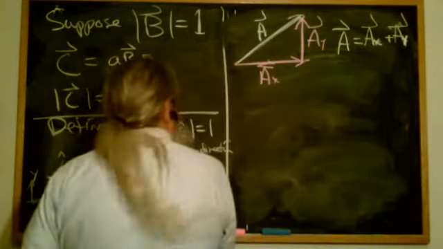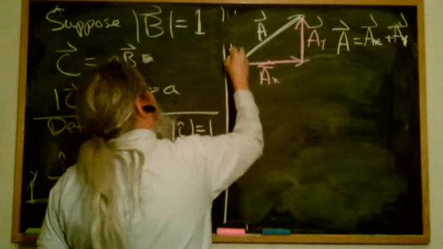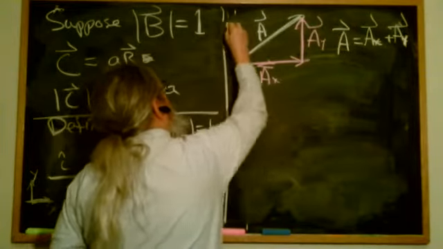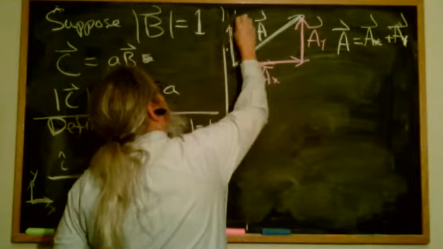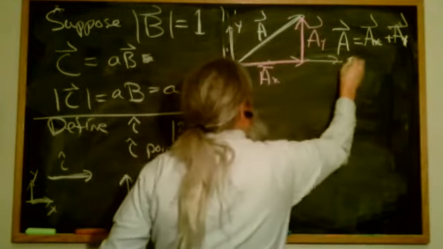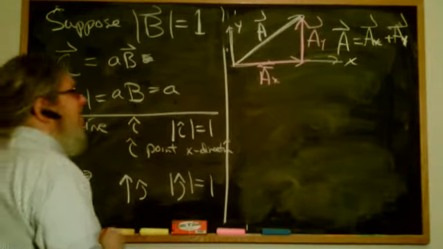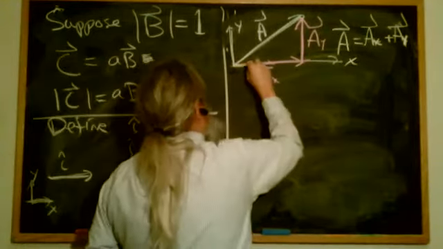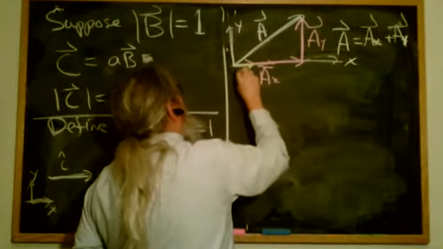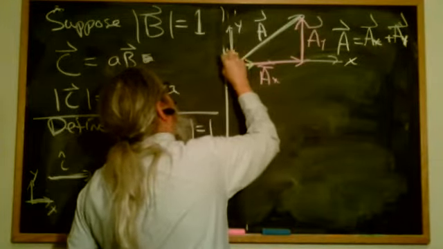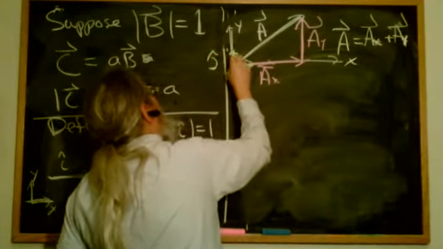But if I have a coordinate system where that points in the y direction and that points in the x direction, then by definition I have these two little unit vectors. Here's one, i hat, and here's another, j hat.